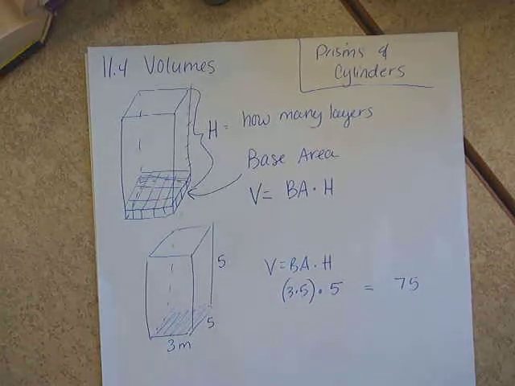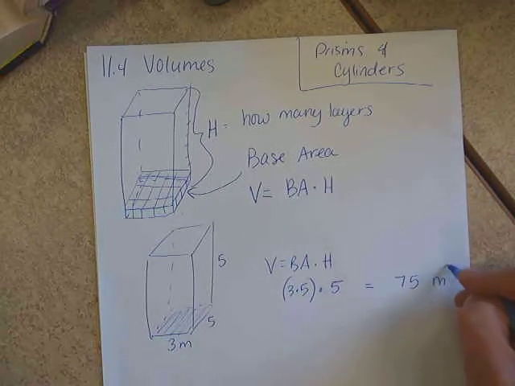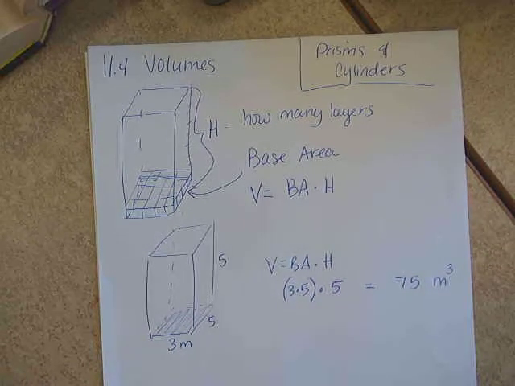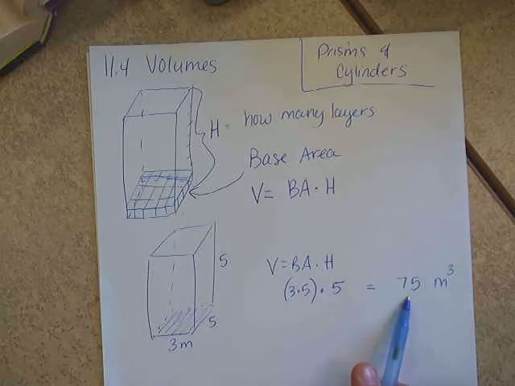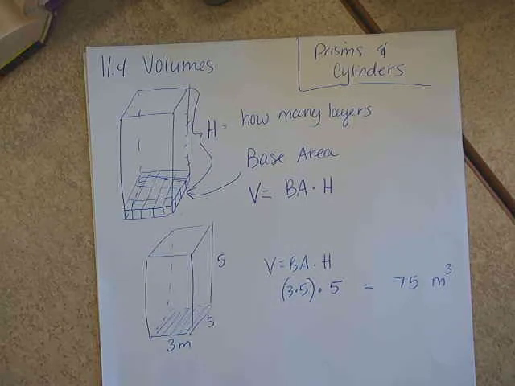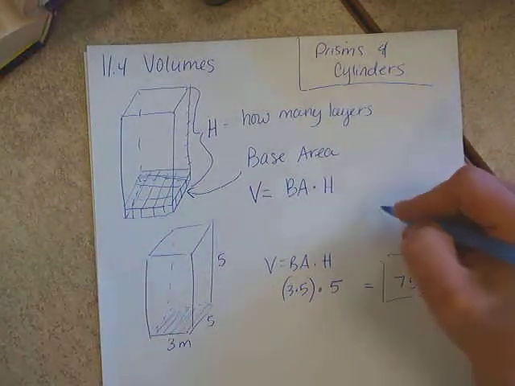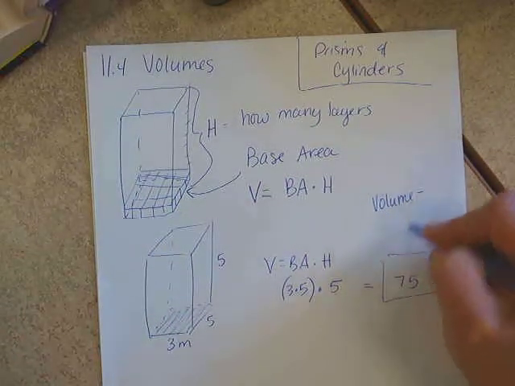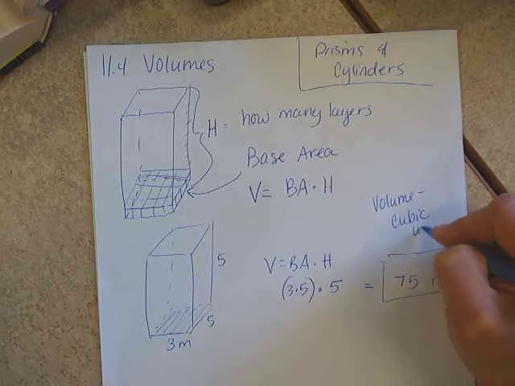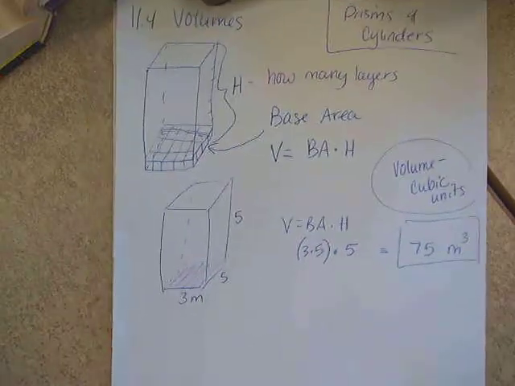Okay, so our volume is 75, let's just call this meters, and now your area on the bottom is square units, but as soon as we add that third dimension, we are now into cubic. It would take 75 cubes to fill up that box. So volume should always be in cubic units.